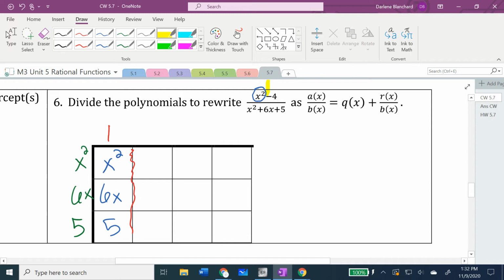I have no x's in here, so I need 6x to add to something to make 0 x's. That means negative 6x. Then for my constant of the numerator, I need to get negative 4. 5 plus what gives me negative 4?